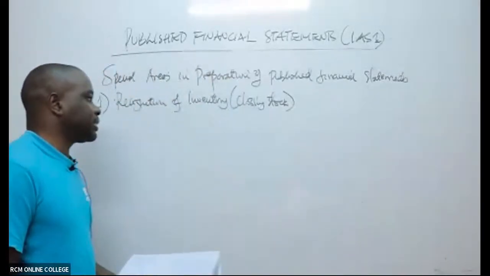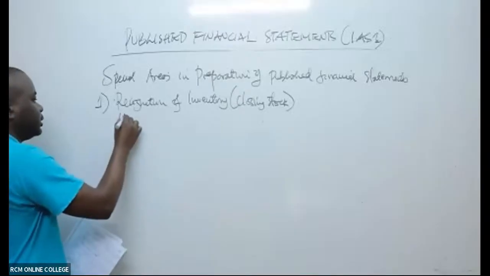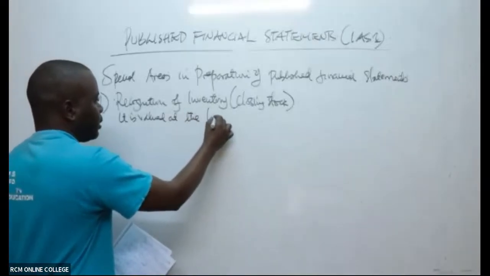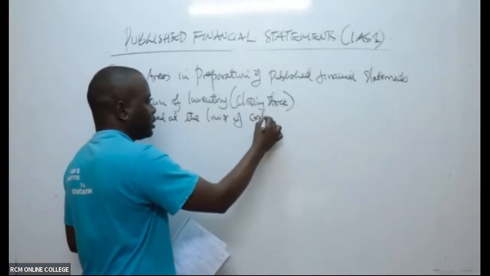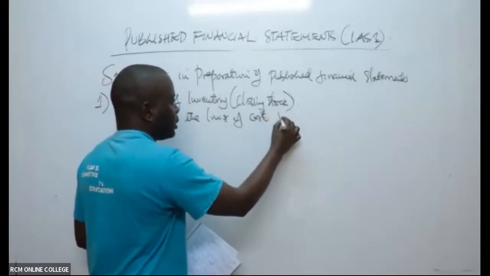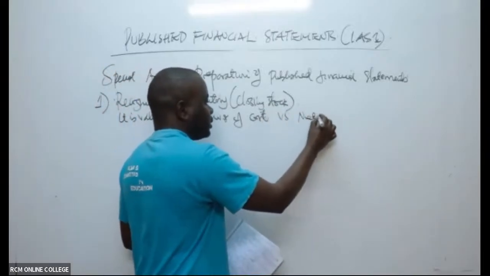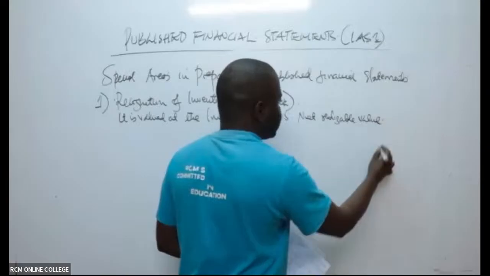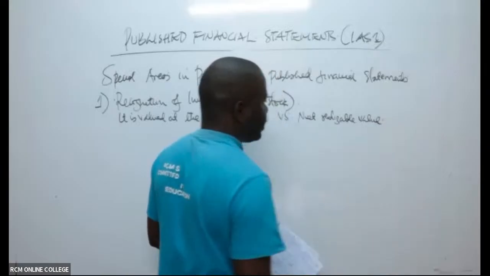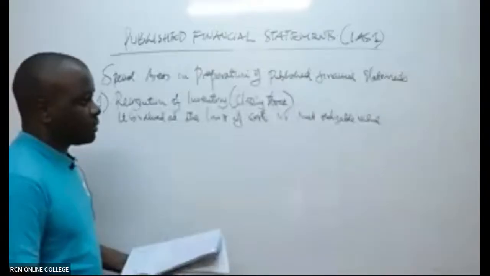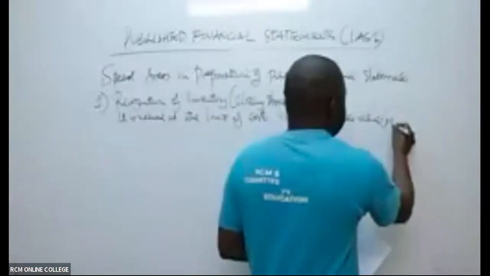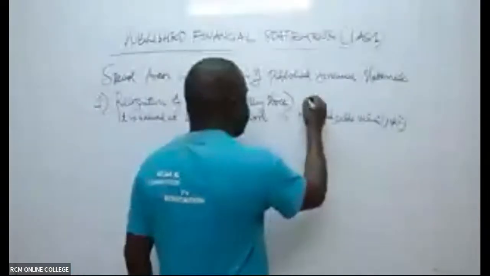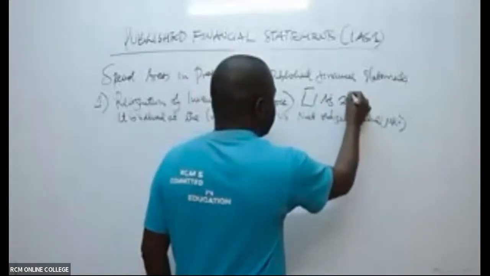Sometimes you just call it NRV. And this, of course, is in accordance with International Accounting Standard number 2 on inventory.